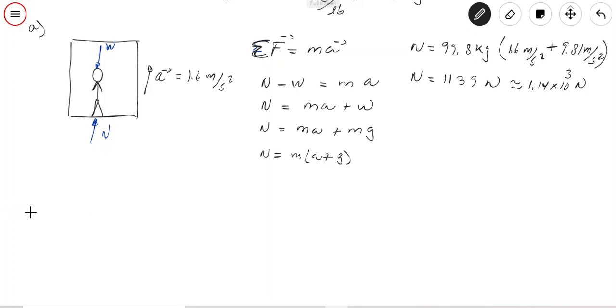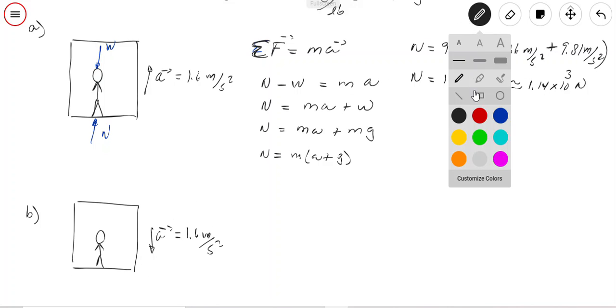So in our second case here, we have this same person in the same elevator. The only difference is now the acceleration is downward. It's the same magnitude, 1.6 meters per second squared.